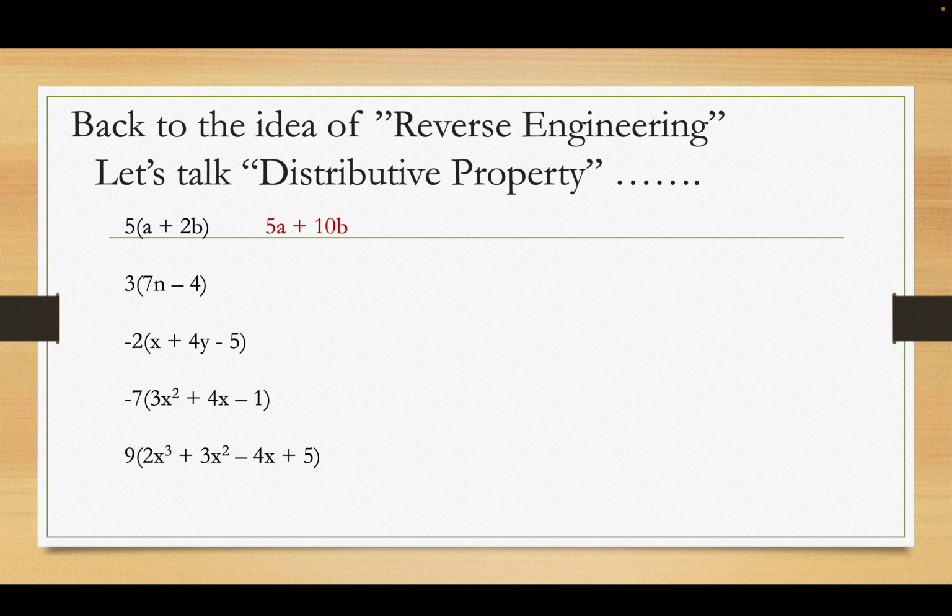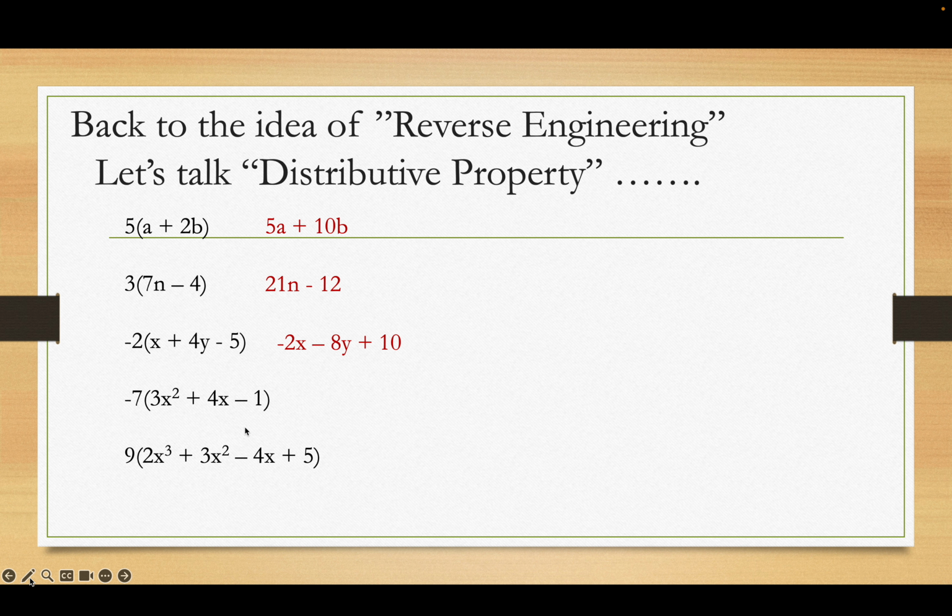Okay, so that's 5A plus 10B, distributing the 5 to both. Now distributing the 3, 21N minus 12. Distributing the negative 2. Remember, when you multiply by a negative, you change every sign. So it's negative 2x minus 8y plus 10, right? Because I'm changing the x to a negative, the 4y to a negative, and the 5 to a positive.